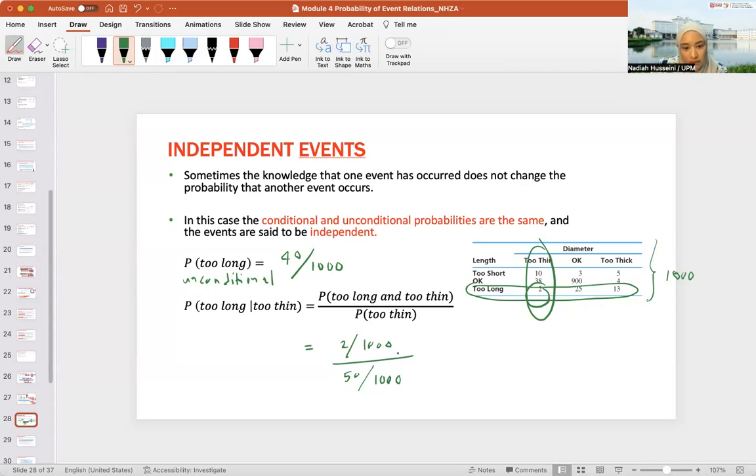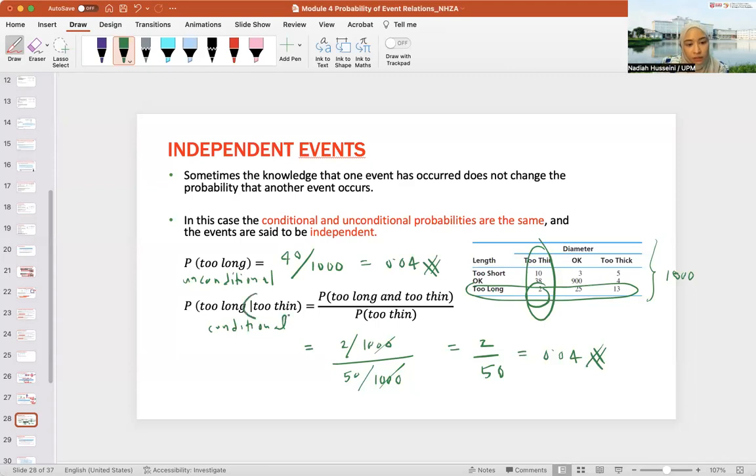So the answer here is we can just cancel this out. So I get 2 over 50, which is 0.04. What about this one? 40 divided by 1,000, also 0.04. So the answer is the same, even though this one is a conditional probability.